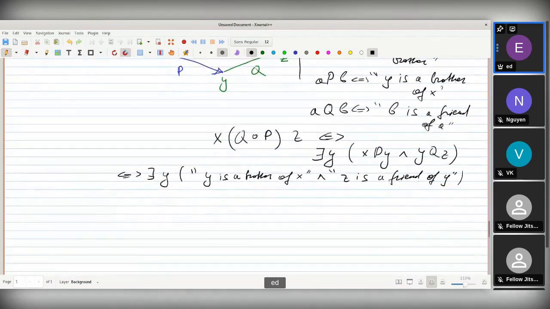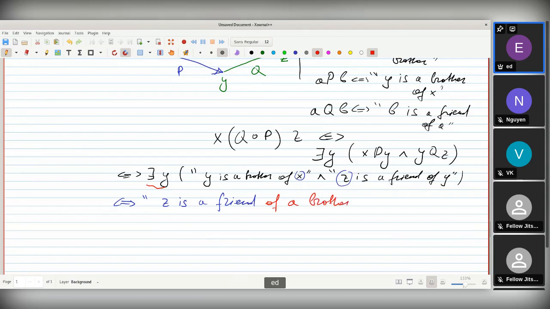So the question is, who is Z to Y? Who is Z to Y? Clearly, Z is a friend of whom? Of Y? Of someone, of a brother of X. Is this idea clear?